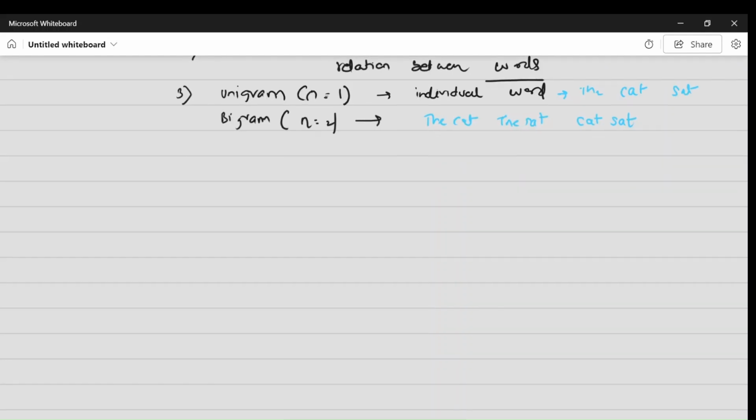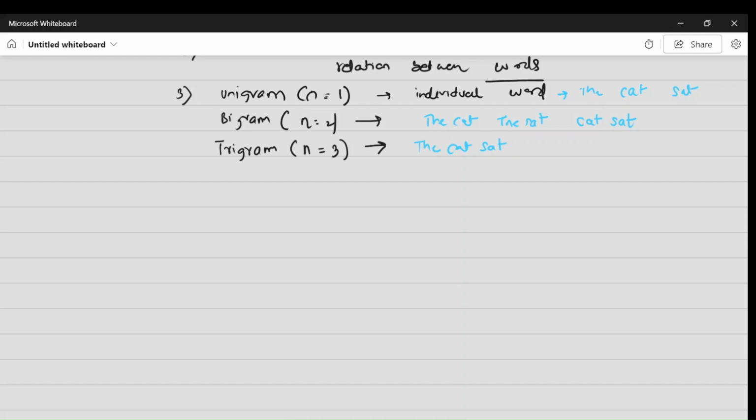Bi means two. Now when we are taking the trigram, n is equal to 3. It means you are combining three words. With the same example, let's see how it works. Now I'm taking the cat sat as one unit.